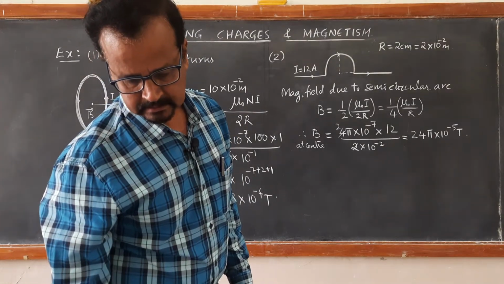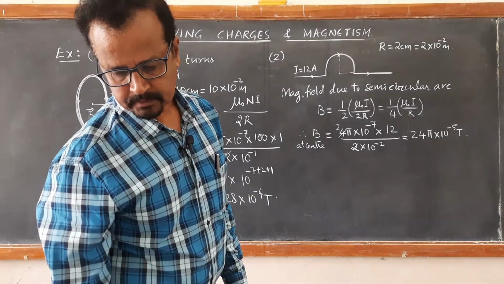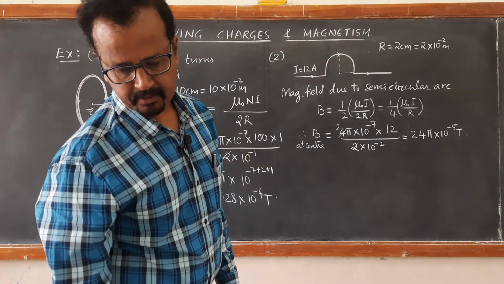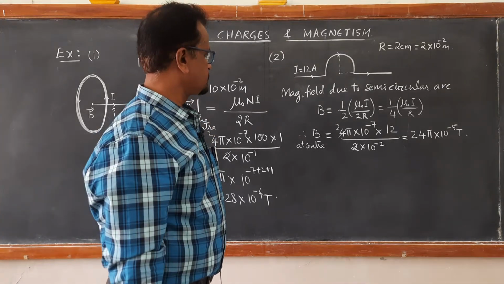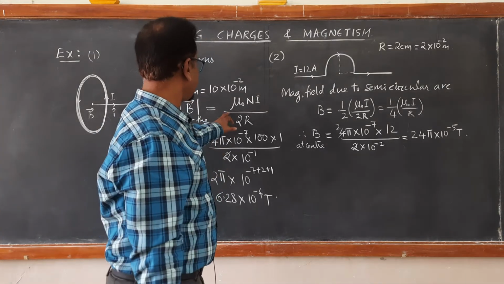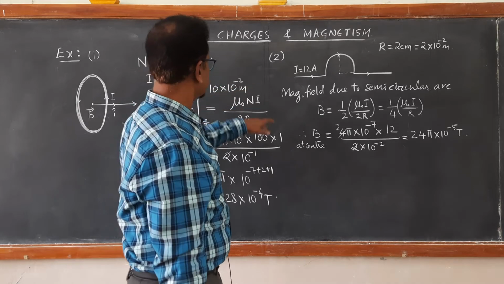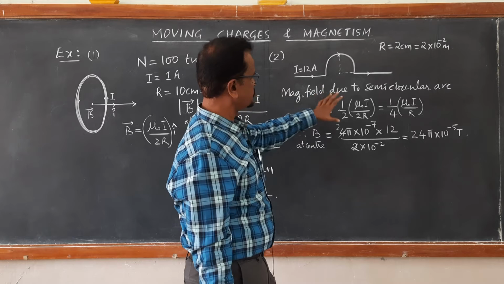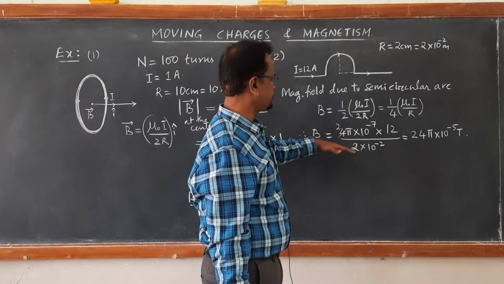Yes. So that helps us to calculate the magnetic field. If you calculate this, it comes out to be 1.9, that is 19 times mu naught I upon 2r. That's correct. Here the number of turns is 100, here it is only a single turn, and that too a half turn. Therefore, the magnetic field will be half.